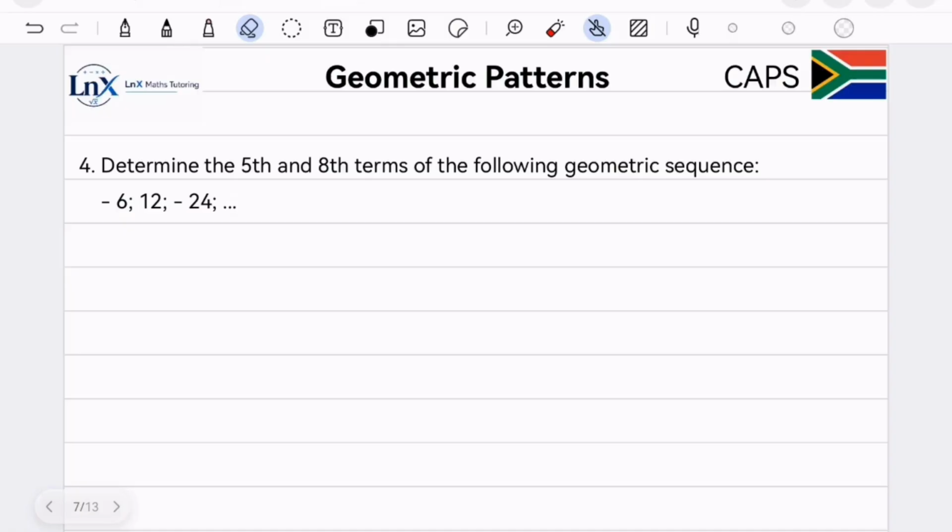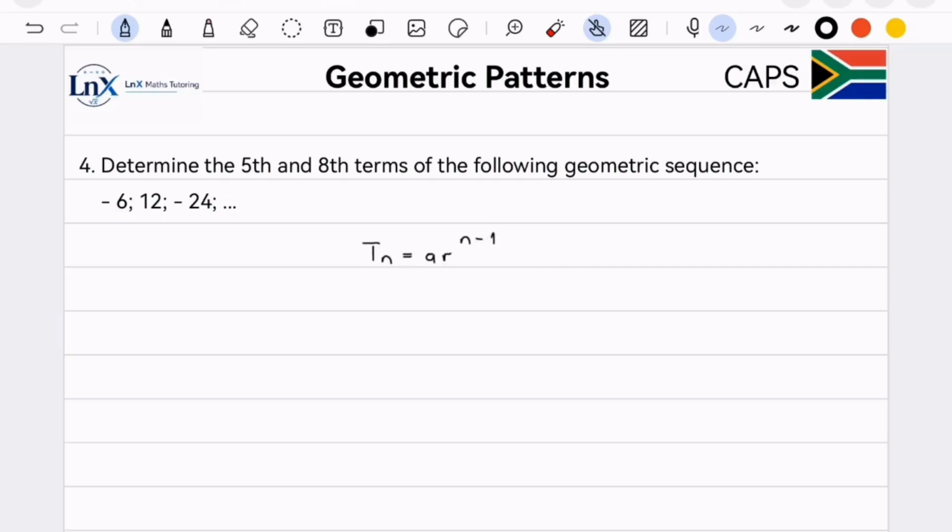Question 4 reads, determine the first and eighth terms of the following geometric sequence, which is negative 6, 12, and negative 24. Remember to pause the video, and when you are sure of your answer, you can come back and proceed with the video. All right, first thing first, we need to find the general term of the geometric sequence. Our general term is Tn equals A times R to the power of n minus 1.